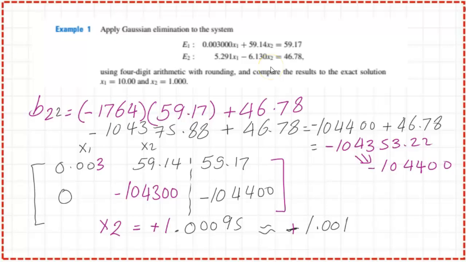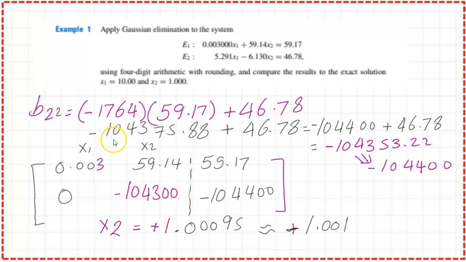Again, we will multiply. This value, minus 1764 multiplied by 59.17, is equal to minus 104375.88. And this is the value 46.78.